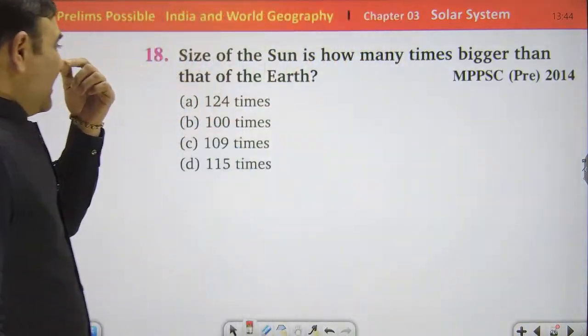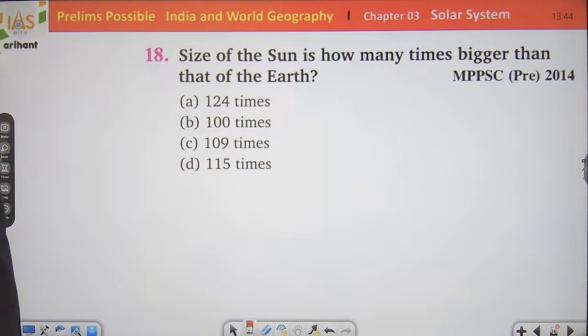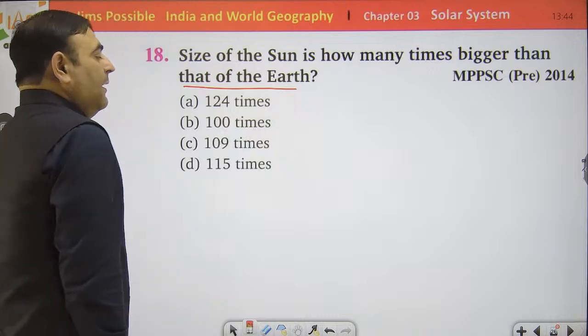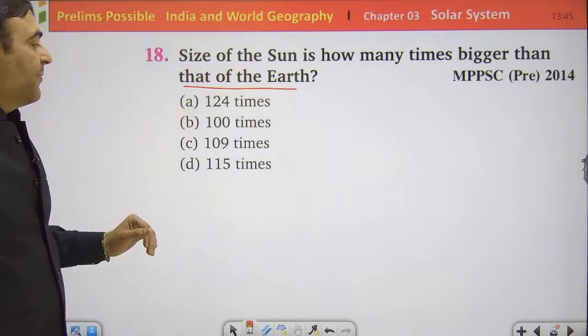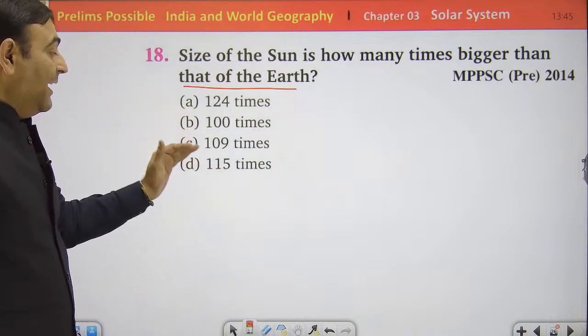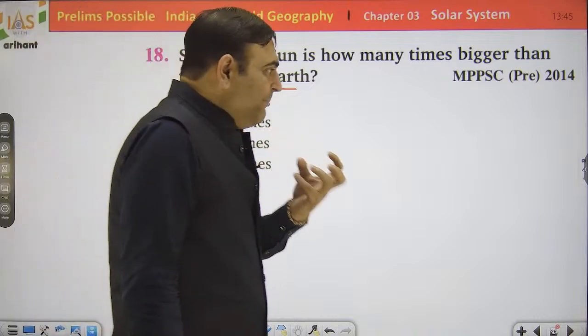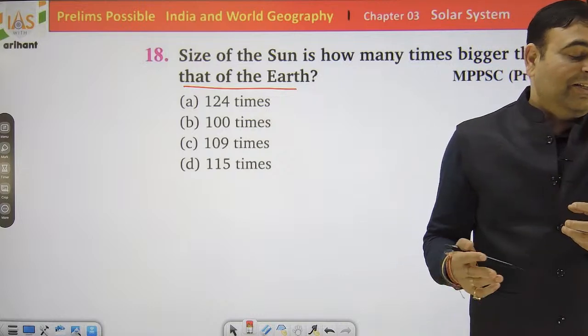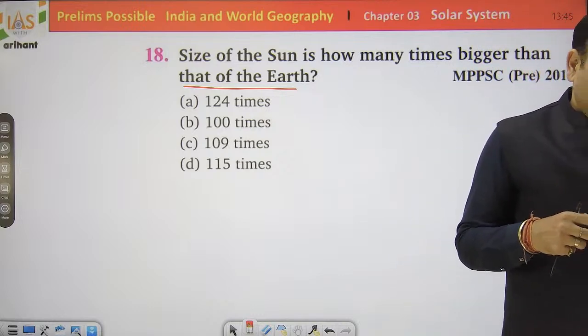The size of the sun is how many times bigger than that of the earth? 144, 124, 100, 109 or 115 times. It's a very basic factual question. No need of detailed explanation.